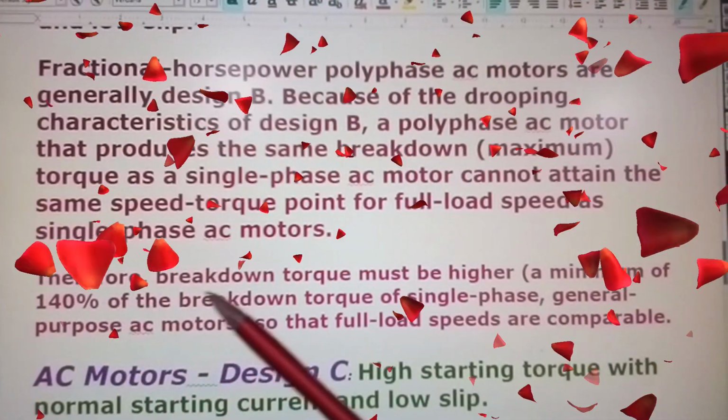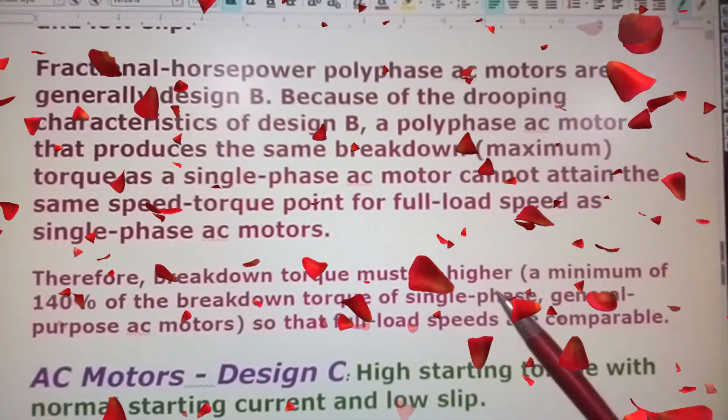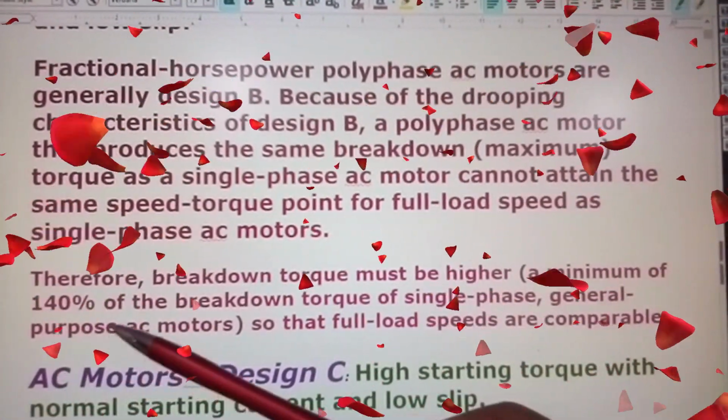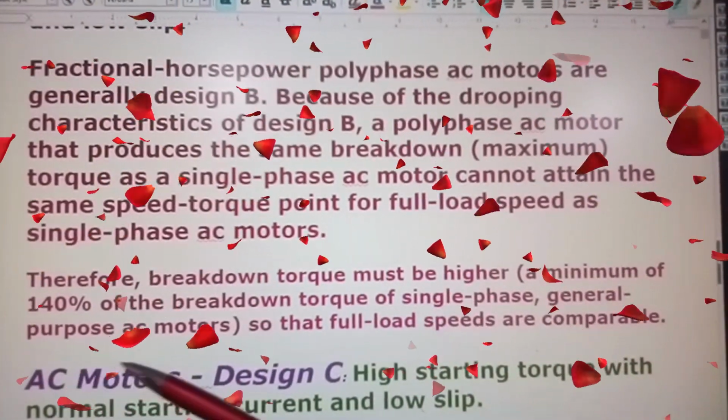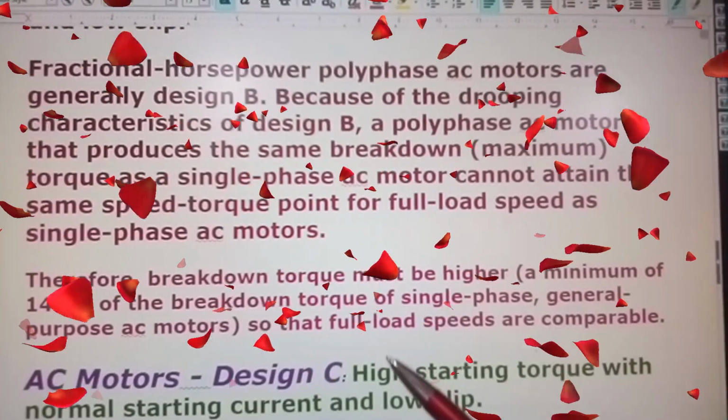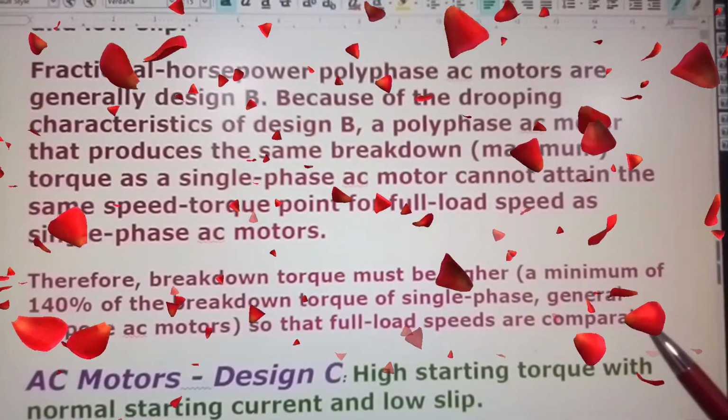Now, therefore, breakdown torque must be higher, a minimum of 140% of the breakdown torque of a single phase general purpose AC motor, so that full load speeds are comparable.